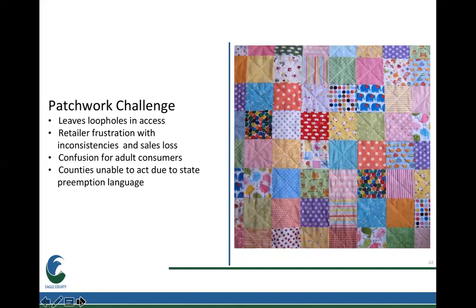Frustrated retailers is not an outcome we want from passing these ordinances, because it makes it significantly more challenging when we move to a neighboring community to do this work. So we really wanted to address that.